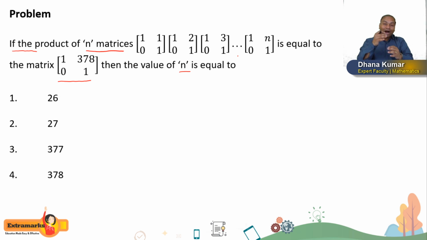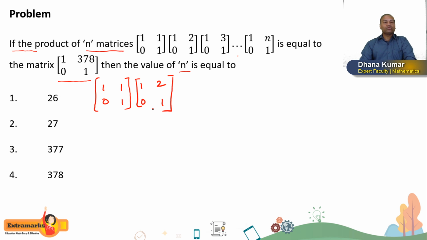Using that answer, we can easily write the answer for the product of n matrices. Understood my point? Let us see. First, I am taking the first two matrices: the first matrix 1, 1, 0, 1 into the second matrix 1, 2, 0, 1.